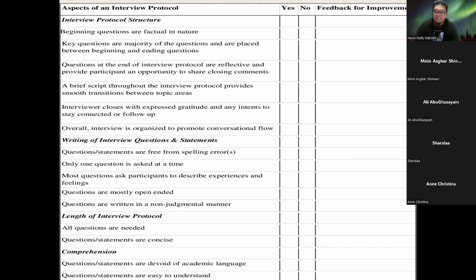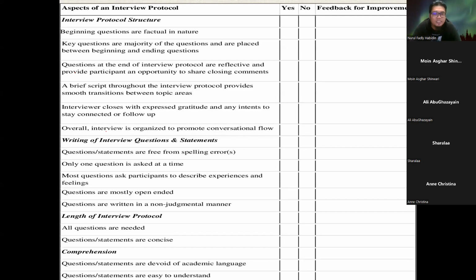So basically the expert can follow these example aspects in order to check whether your interview items are suitable enough, or can be understood by all participants, in order to give a response and answer to your specific question.